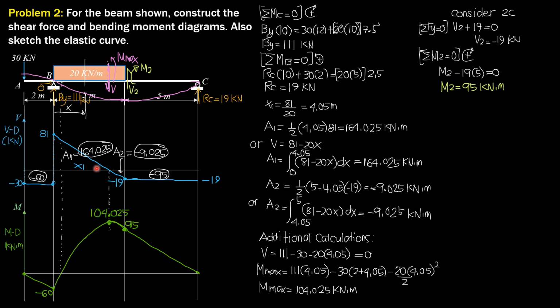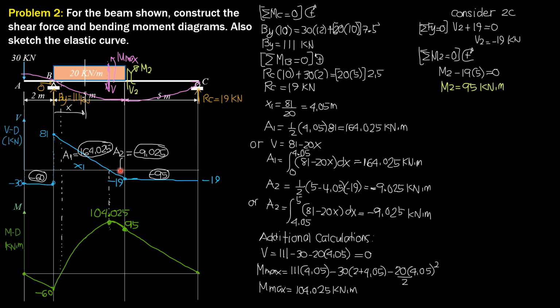area of the shear diagram above. So this area 1 is simply this change in moment, maximum moment minus the moment there, equal to the integral of shear equation dx, or simply area 1. And it is equal to, from 0 to 4.05, 164.025 kilonewton meters.